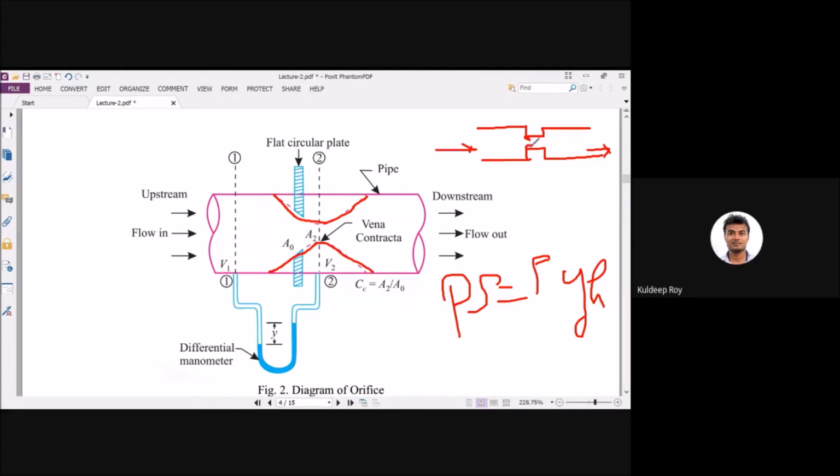Same picture, means there is a curvy nature. This nature is called the vena contracta region. If you are talking about orifice, the term vena contracta will definitely come, because it hinders the velocity, it shows some kind of hindrance to flow.